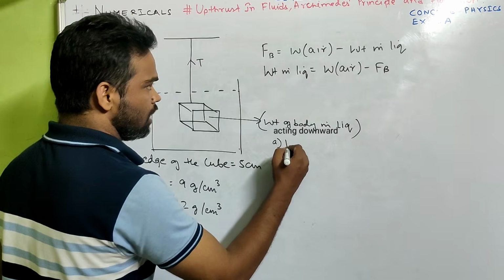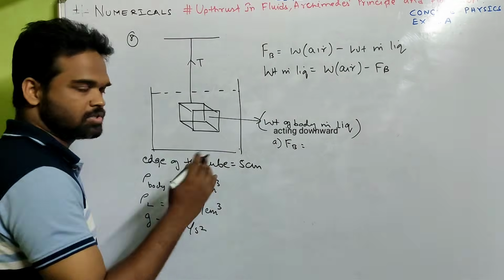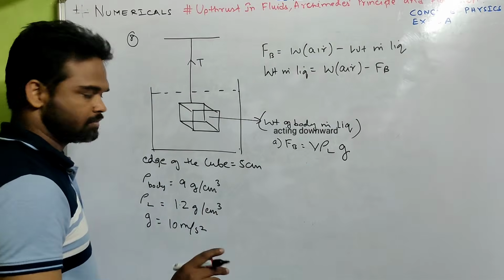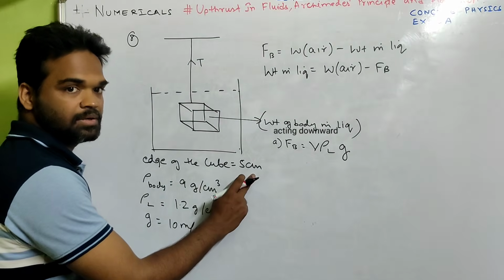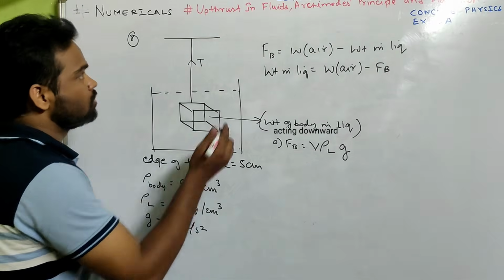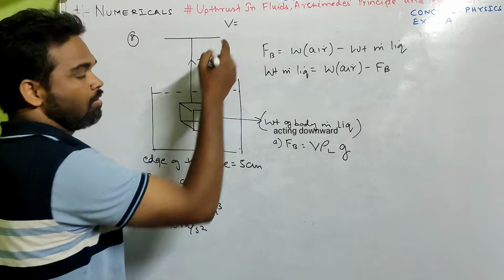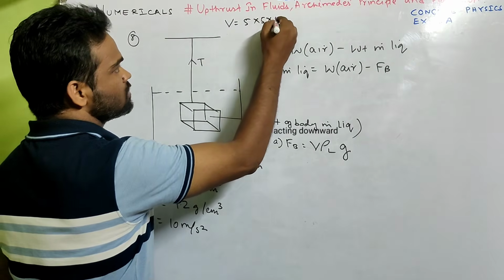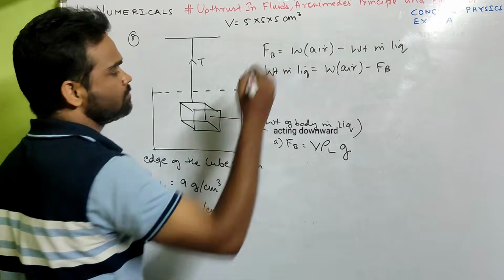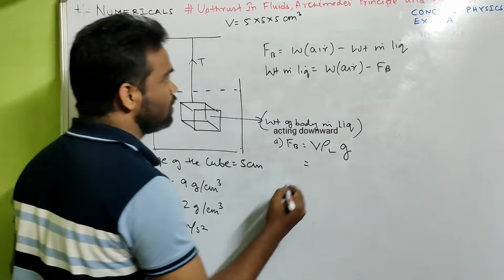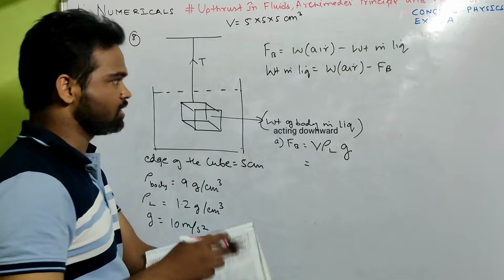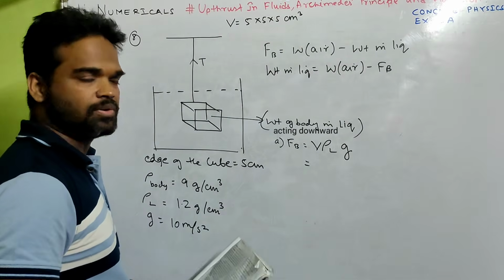Now, upthrust when it is fully immersed in water is V rho L G. Now, volume, this is 5 centimeter edge. So, volume will be what? Volume of a cube is side into side into side, centimeter cube. So, volume is, if I change it to meter cube, because they have given the answer in Newton, so I'll change it to SI unit.